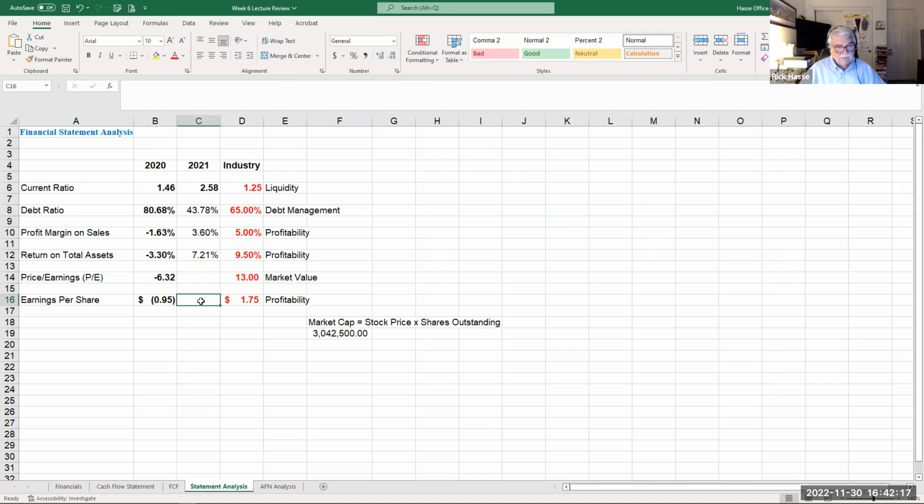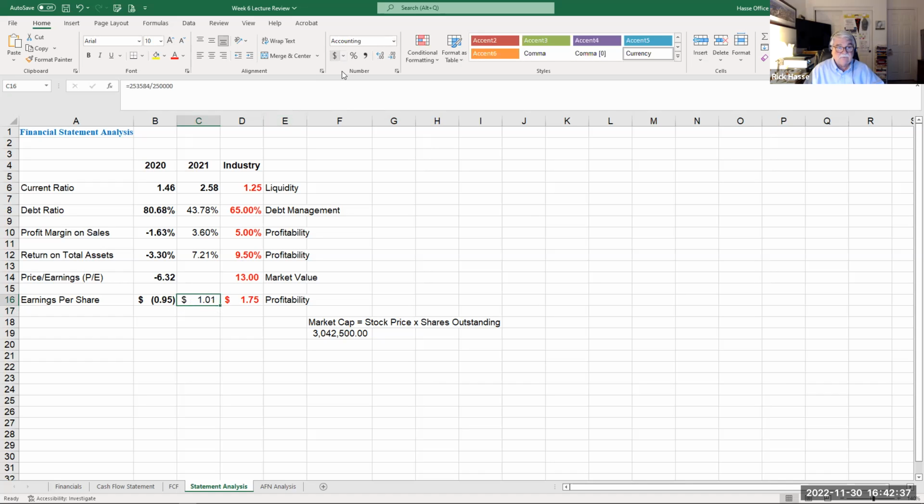Our earnings per share, well, as we said earlier, it's the net income of the company, 253,584, divided by the number of shares of stock outstanding. And in 2021, there were 250,000 shares of stock. So a little bit over a dollar.